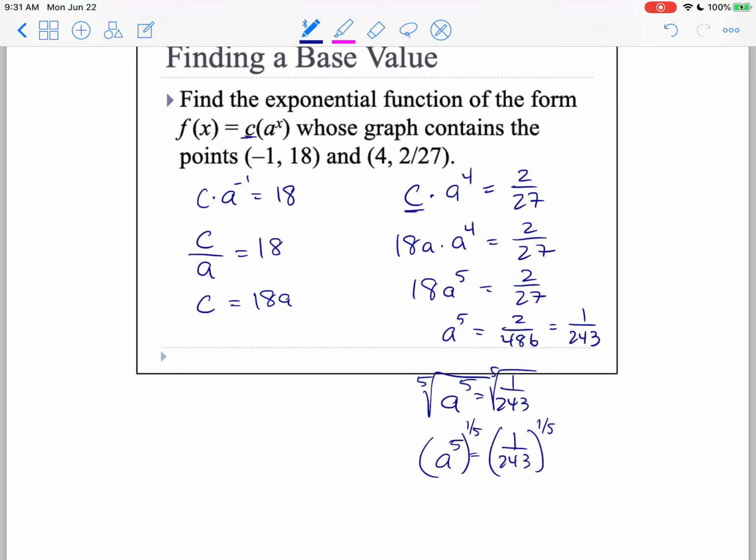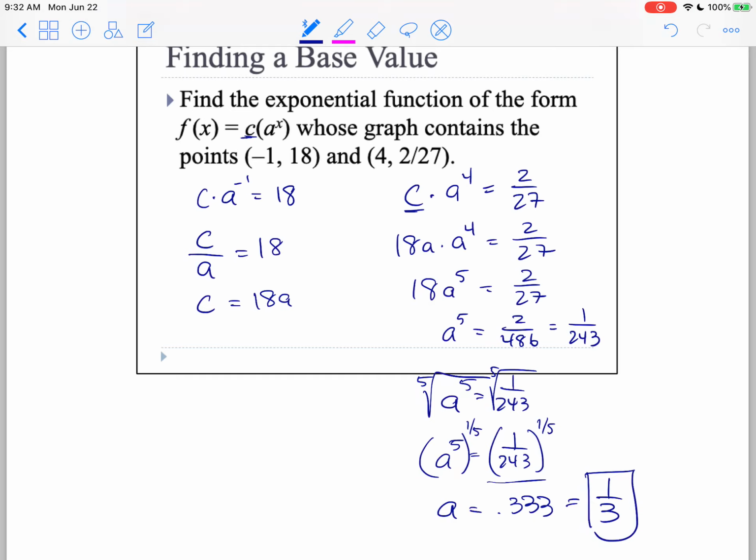But if you want to think about it like this, this is a little bit easier to put in your calculator. So I get A equals, and I can put 1 over 243 in my calculator and raise it to the 1/5 power. I can actually put the fraction in, and it gives me 0.3333, but I know that what my calculator is really trying to tell me is 1/3.